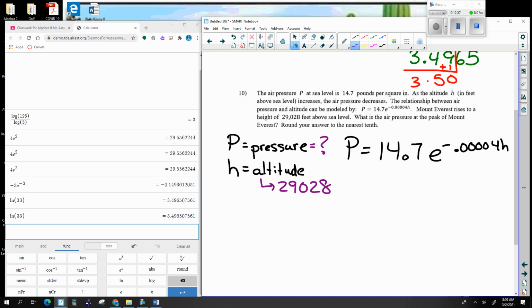All right, so all we're going to do is we're going to type that in for the letter h. So technically what we're going to get is the answer is equal to 14.7 e to the negative 1, 2, 3, 4, 4 times 29,028.